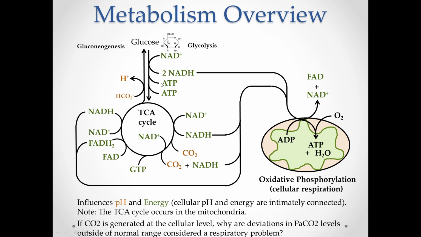Now, in glycolysis, 2 ATPs are produced, and there is a final molecule that's produced at the end of glycolysis called pyruvate. Pyruvate subsequently enters the citric acid cycle when it is converted to acetyl-CoA.